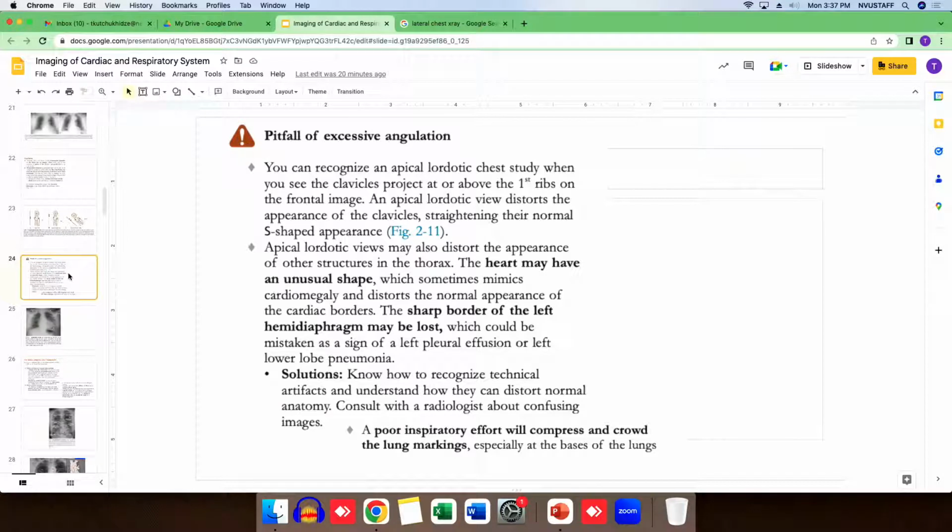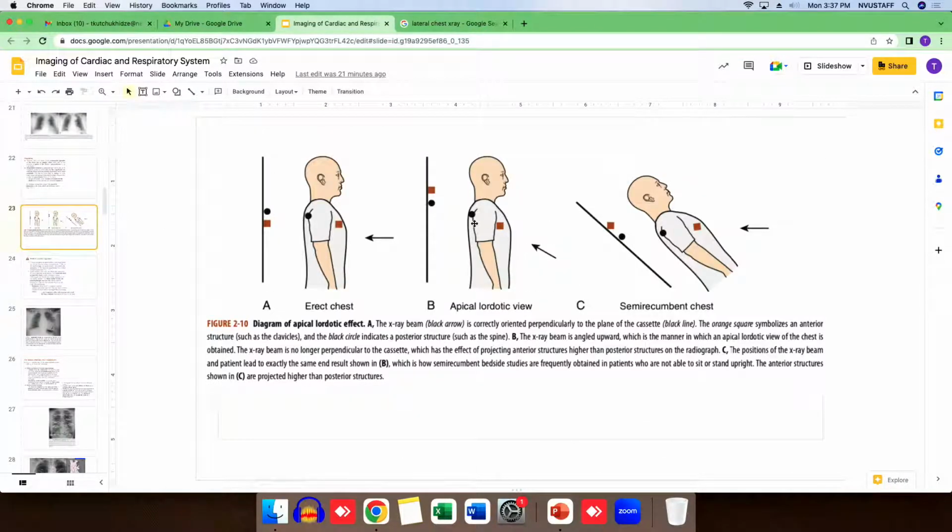Also, according to that, we can understand what kind of pictures we will have, right? Some of the structures will be visible well, and some won't. So, for example, in the apical lordotic view, as we magnify the anterior parts, the hemidiaphragms might be lost altogether, and vice versa.